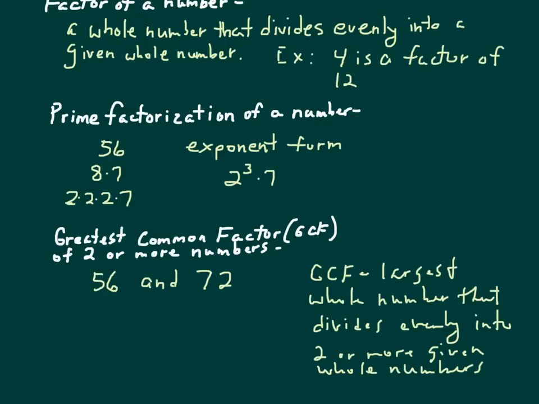So the way we do this is we do a prime factorization of both numbers in exponent form. So 56, I did that up above, so we already know that's 2 cubed times 7. And 72, well, that's 8 times 9. So that's 2 cubed times 3 squared.